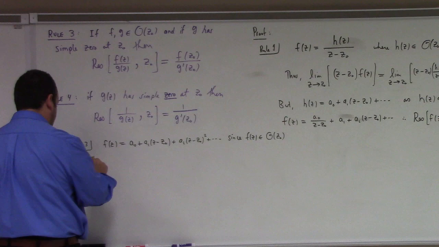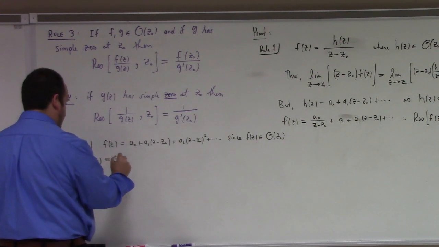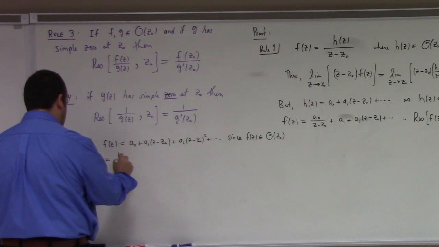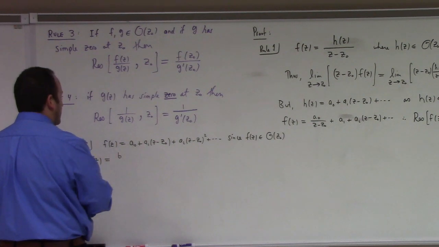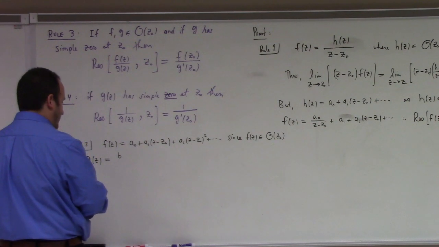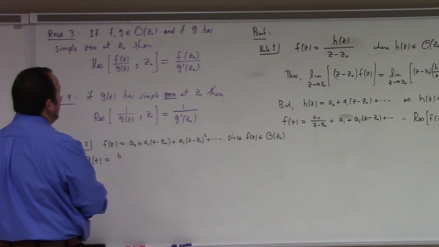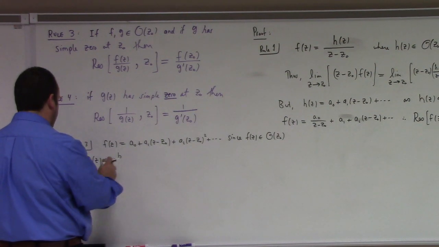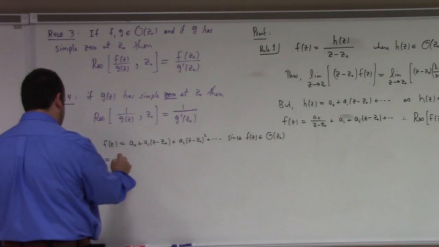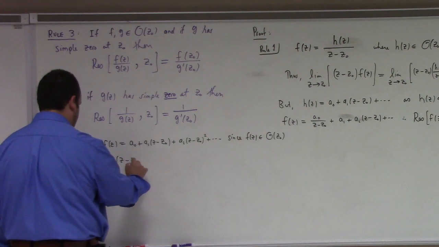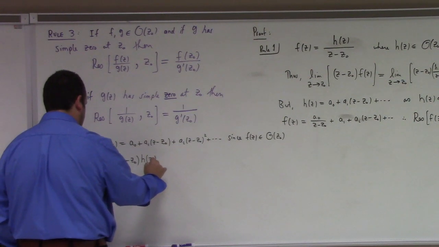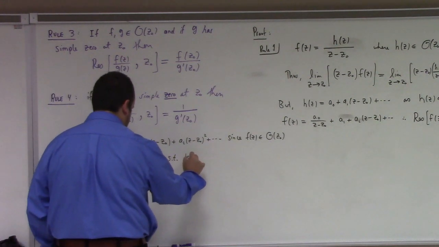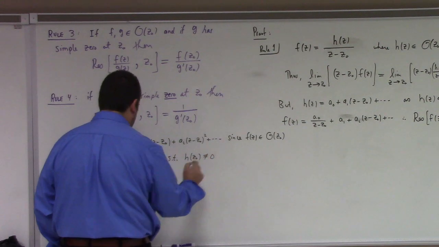So g of z is equal to z minus z naught times h of z, such that h of z naught is not equal to 0 again.